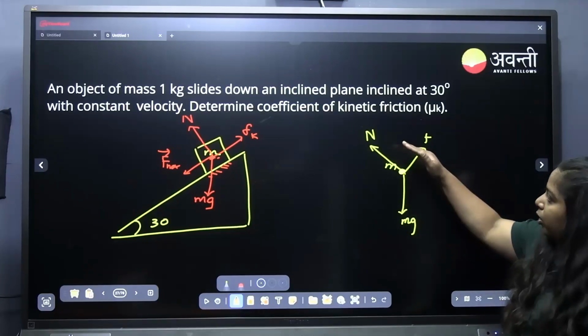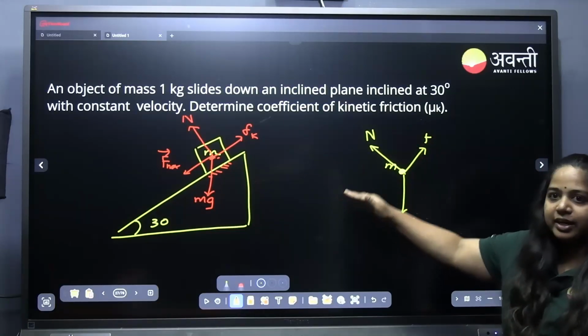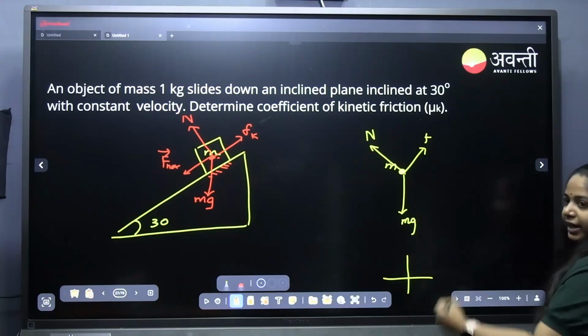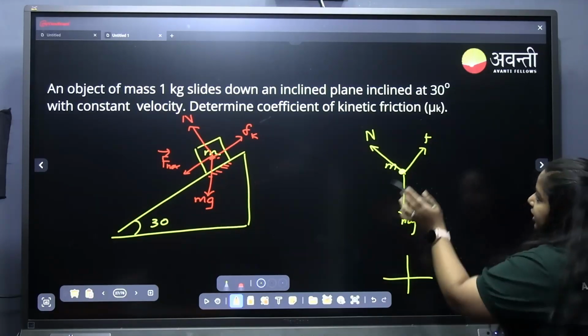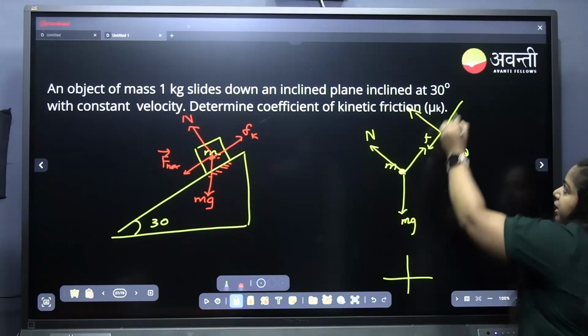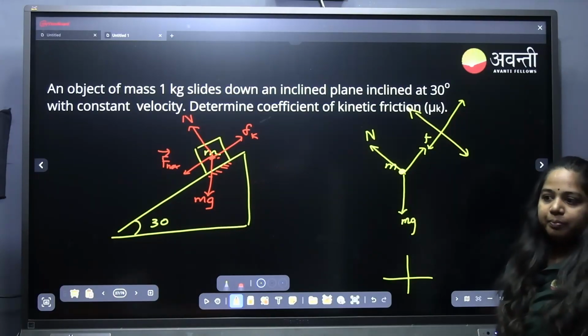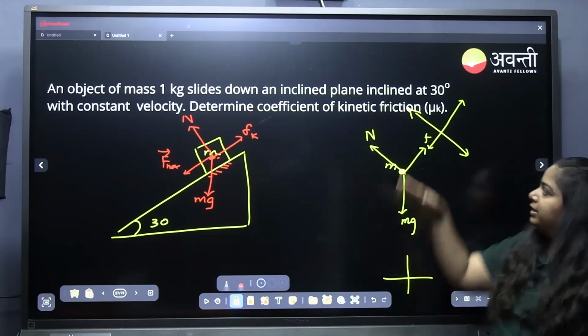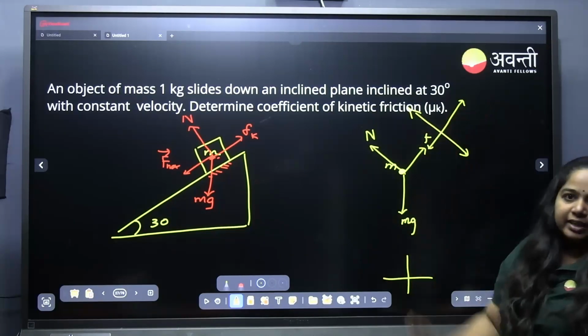If you see, the object is moving in this direction, right? So instead of taking our vertical and horizontal like this, I will consider this as my vertical direction and this as my horizontal direction, like the x and y directions.